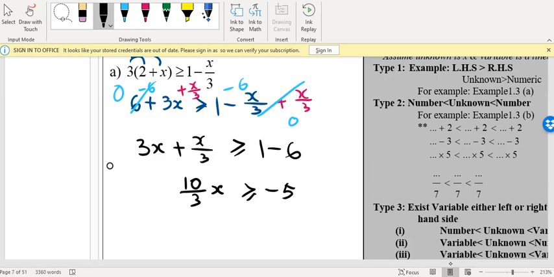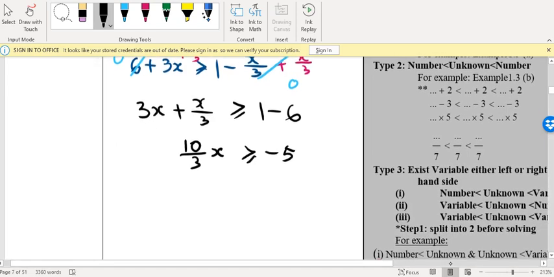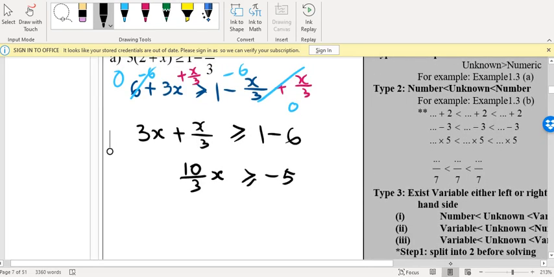So again, how to simplify 10 over 3 times x? This is multiplication, so the inverse will be division. If you divide by 10 over 3, in other words, it's actually multiply with 3 over 10.